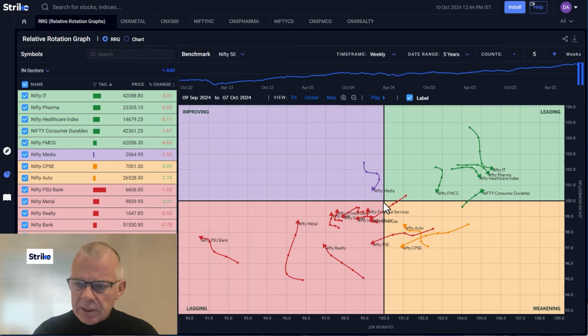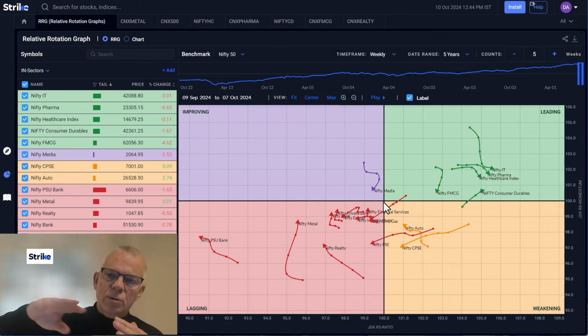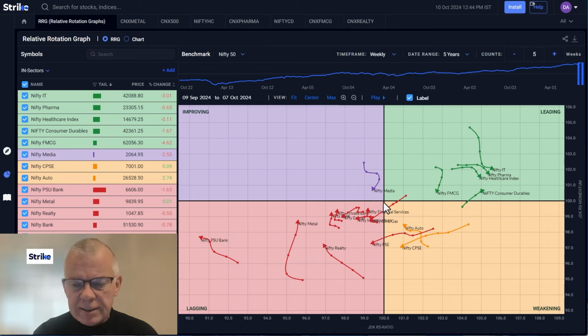The rule of thumb is that the further away a tail is from the benchmark, the higher the potential alpha. If a tail is far away from the benchmark, it means that it has deviated a lot from that benchmark. So if you think in terms of mean reversion, that sector or stock has a lot of opportunity to come back and cross to the other side.